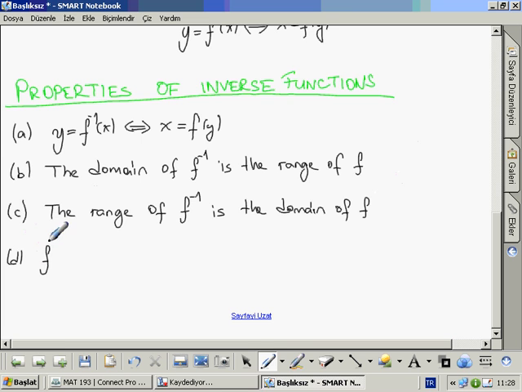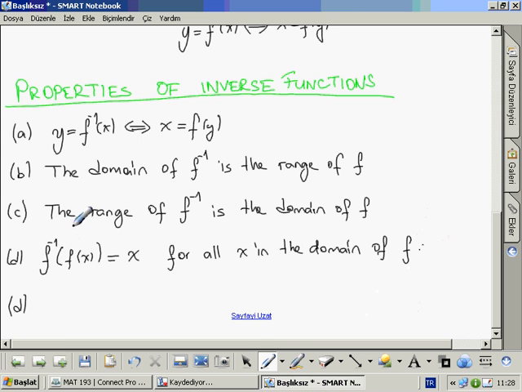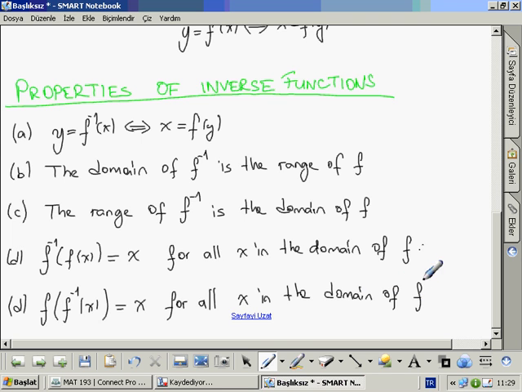D: the inverse of f of x function equals x for all x in the domain of f, and E: f of inverse f of x equals x, but that time for all x in the domain of inverse f function.